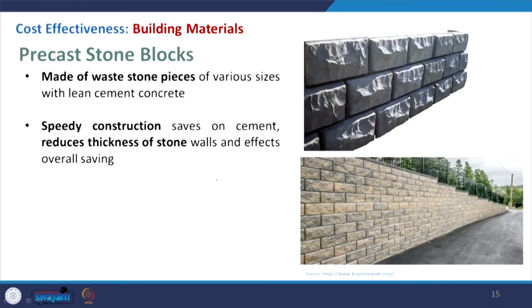Coming to the precast stone blocks, it is again made of the waste stone pieces where the stone is being cut for some purposes. So, that has been cut in a very nice manner that can be easily used.